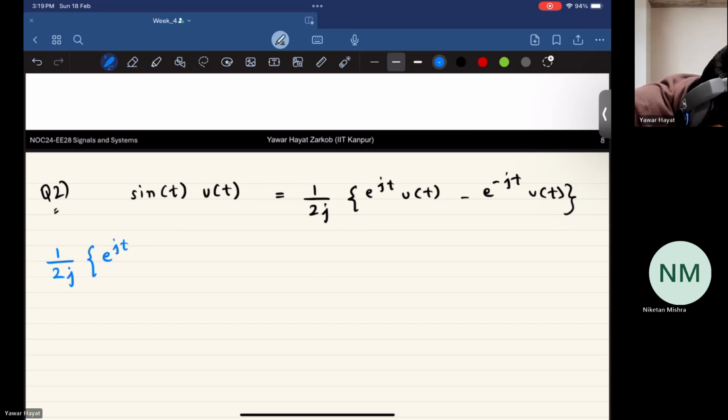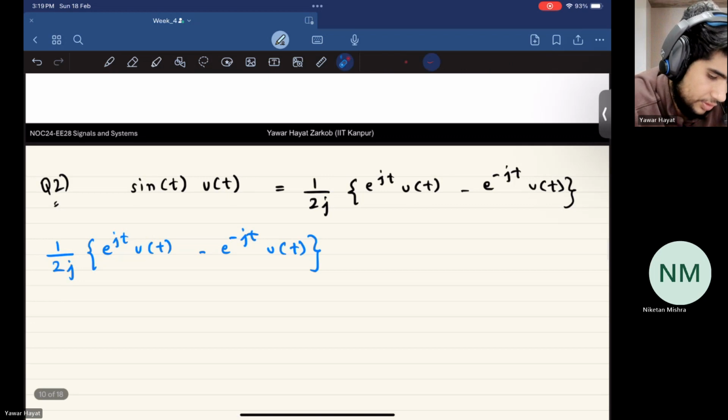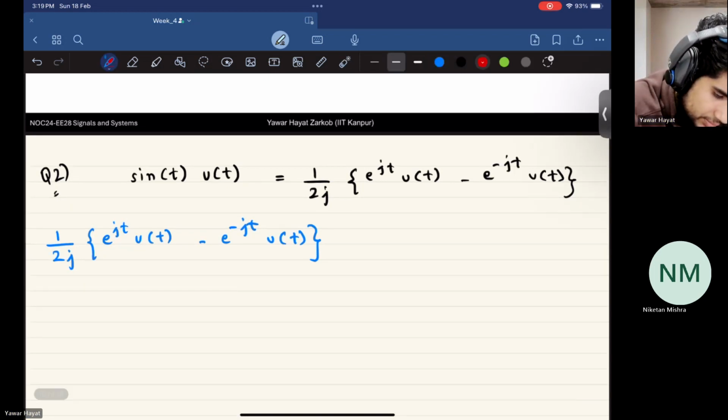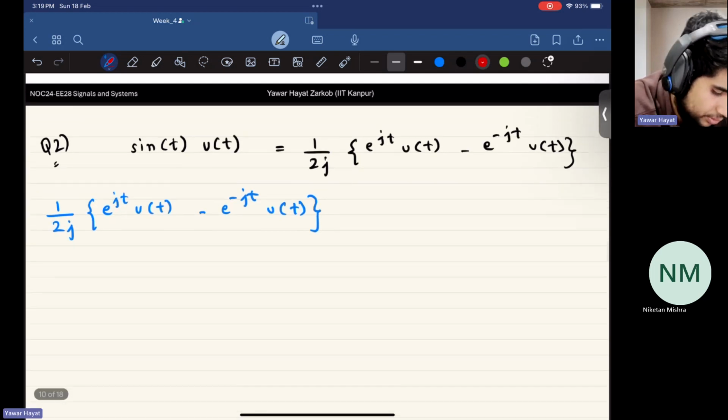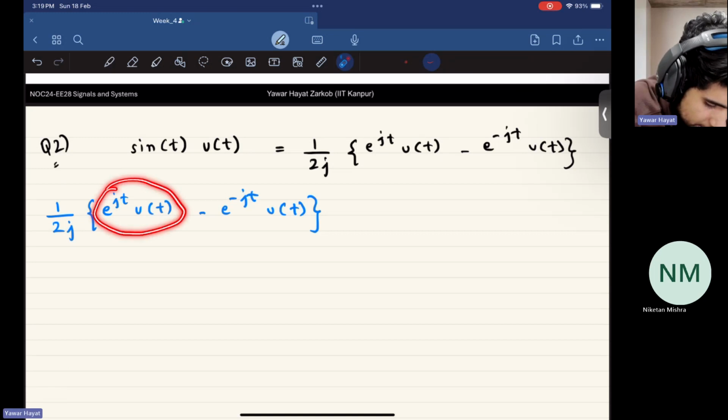Let me compute it. The Fourier transform is a linear operation, so I can compute the individual Fourier transforms of this and this.